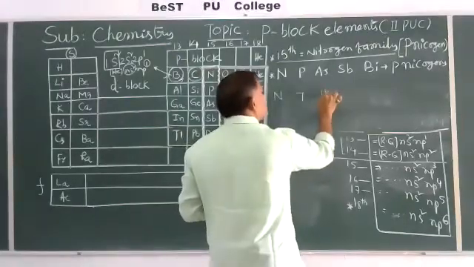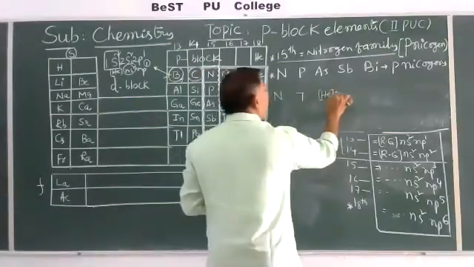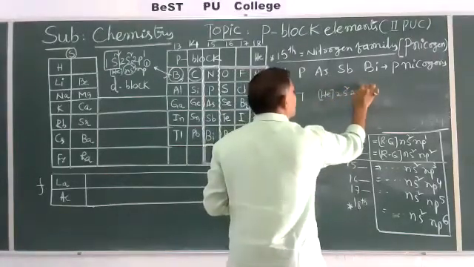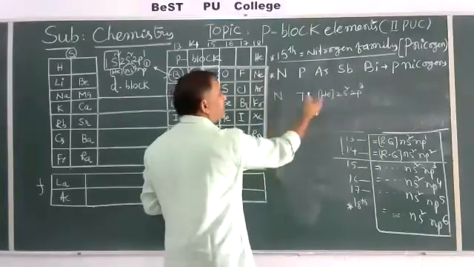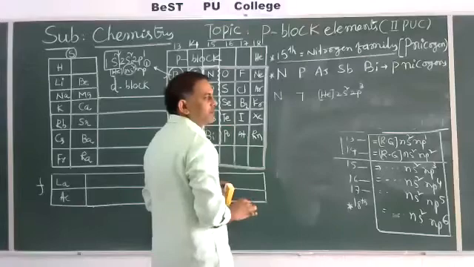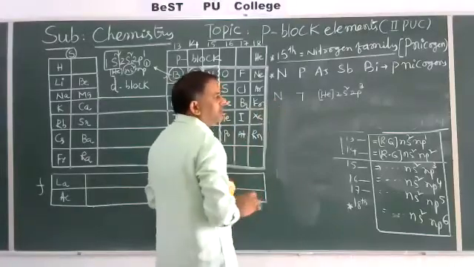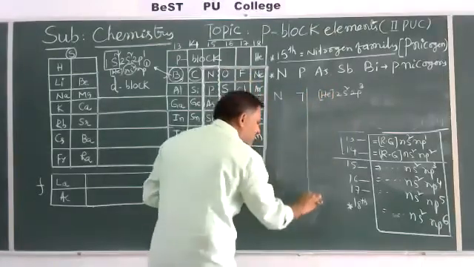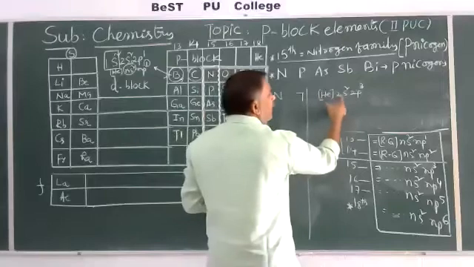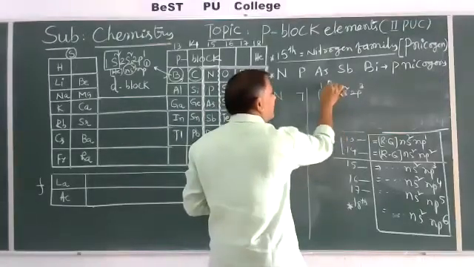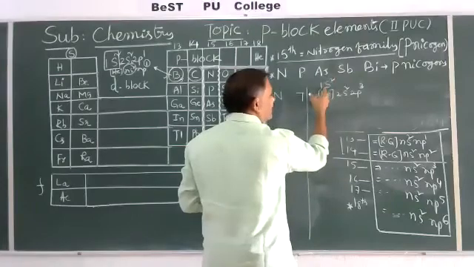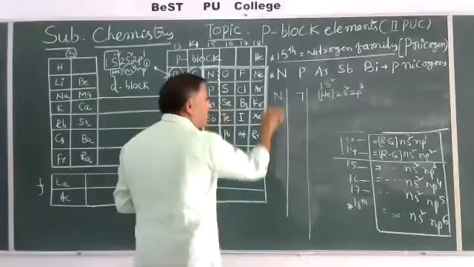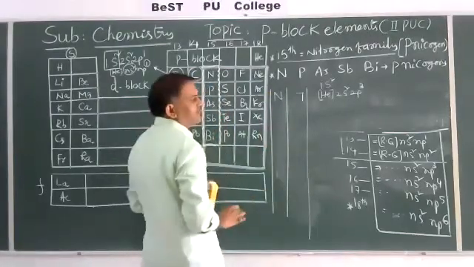Electronic configuration is helium 2s2 2p3. For this helium we can write 1s2, or instead of helium we can write a rare gas. The atomic number is 7 and the symbol is nitrogen.